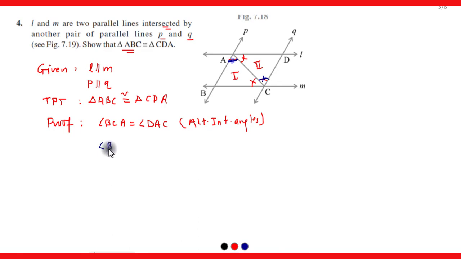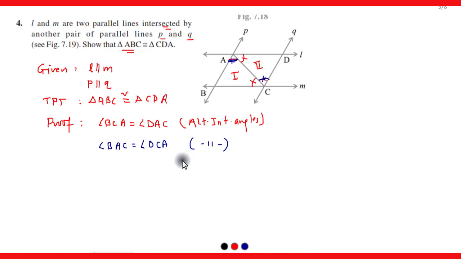So angle BAC is equal to angle DCA. Again the reason will be alternate interior angles.